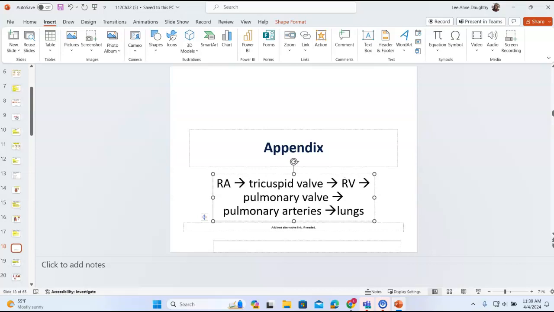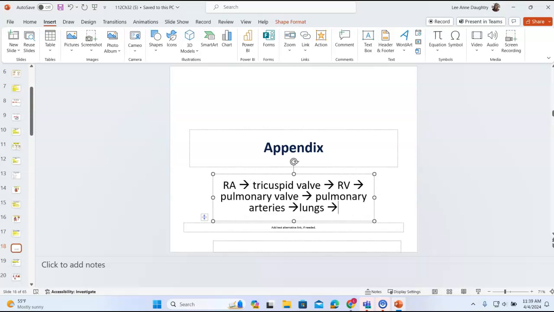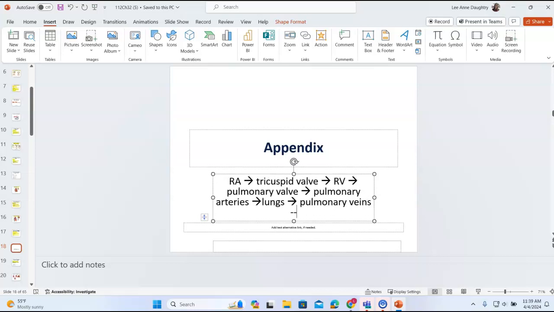And from the lungs, it'll come back to the heart, oxygen rich, through the pulmonary veins, and then go into the left atrium. Okay, now let's change the size of this.